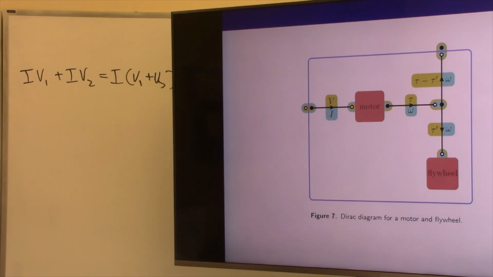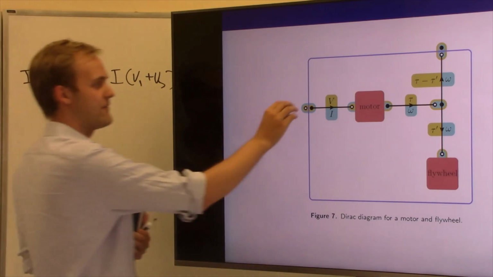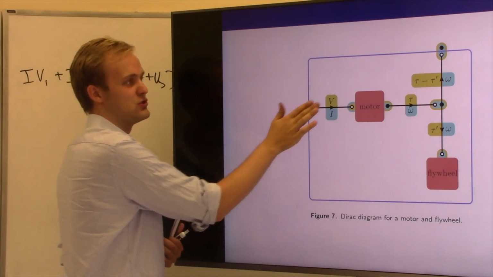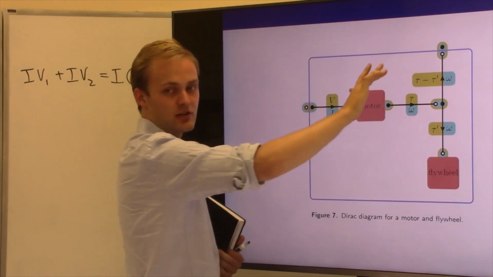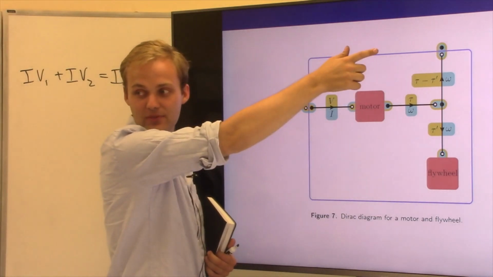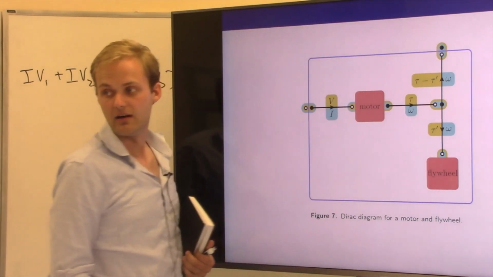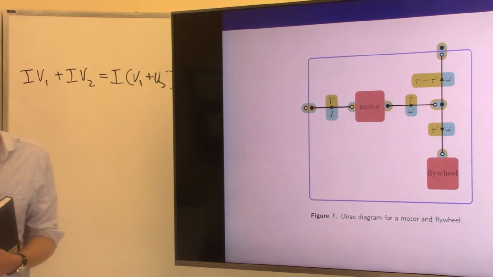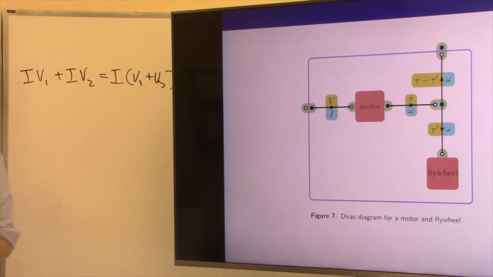Yeah, right? But it's not necessarily unique. It doesn't necessarily exist. If you assume that there are certain flows and efforts here, there may be several dynamics inside here that are compatible with that. There may be none. Yeah, it's relational. Okay.